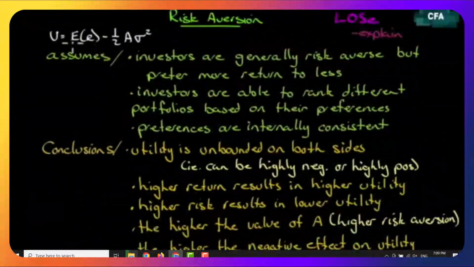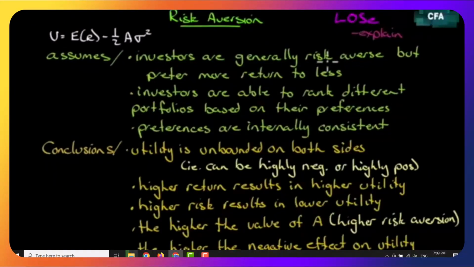So we'll rewrite our utility function at the top here, and we'll say some things about it. This function assumes, number one, investors are generally risk averse, but do prefer more return to less. So it's not a matter of focusing on the word risk averse and saying, well, if that were the case, all investors would hold risk-free assets.